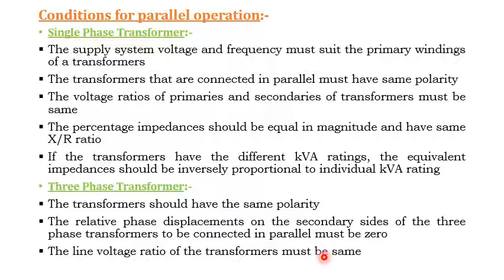So that is 30 minus 30, which becomes 0. So this is the meaning. The relative phase displacement on the secondary sides of the three-phase transformers to be connected in parallel must be 0.